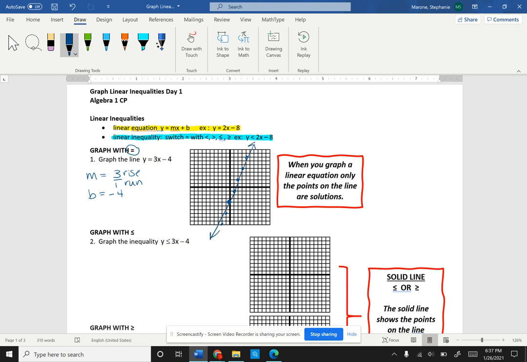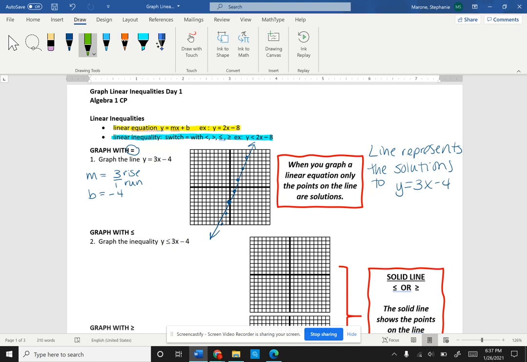So what that line represents are the solutions to y is equal to 3x minus 4. So that line represents all the solutions to that equation.